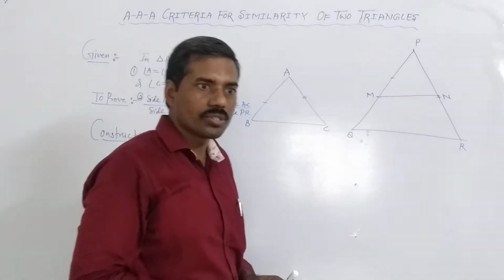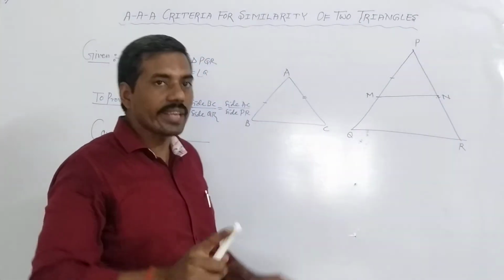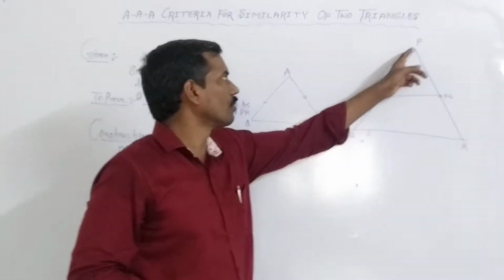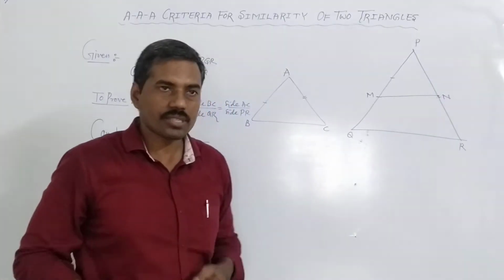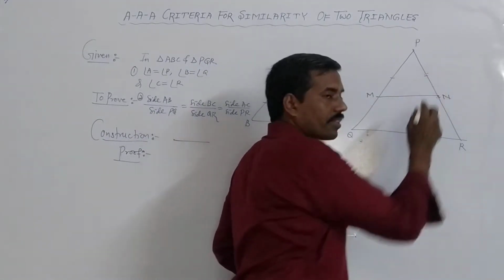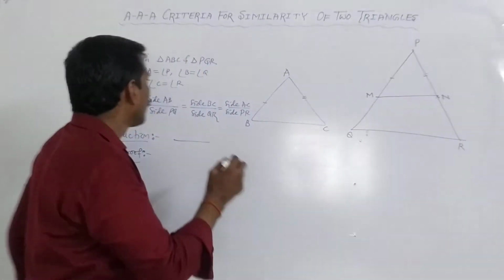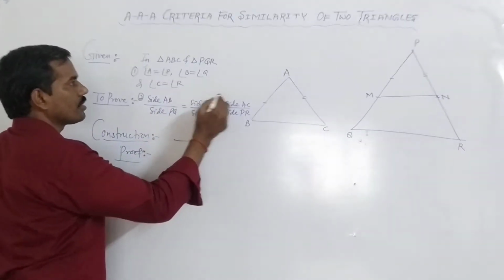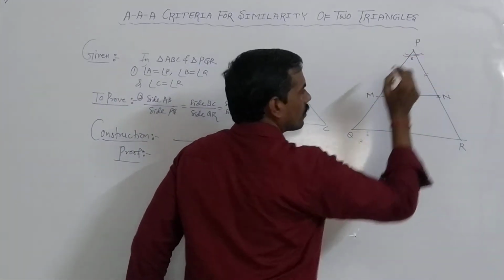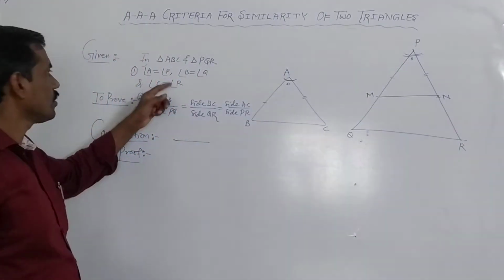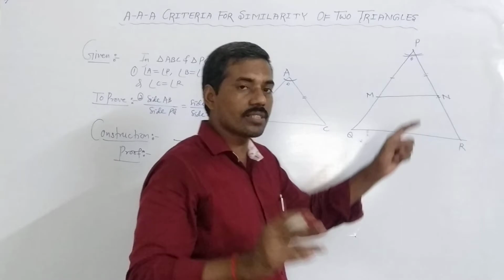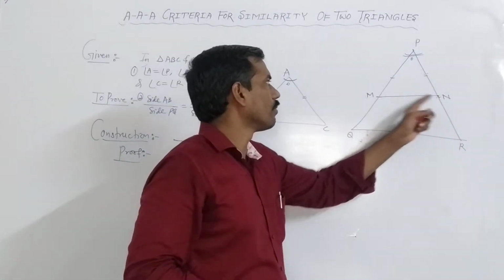For this, in triangle ABC and in triangle PMN, side AB is equal to side PM by construction, side AC is equal to side PN by construction, and angle A is equal to angle P, which is given. In this way, triangle ABC is congruent with triangle PMN.